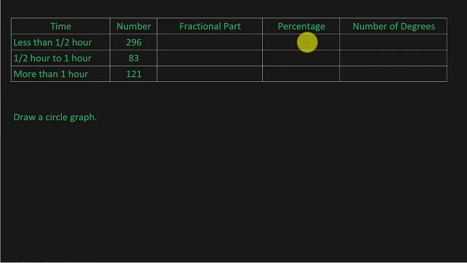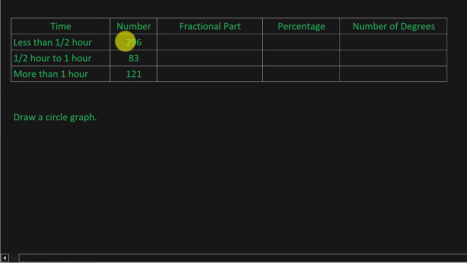The fractional part: what fraction of people talk less than half an hour? Well, that would be 296 divided by 500. For this one, it would be 83 divided by 500, and this one would be 121 divided by 500.